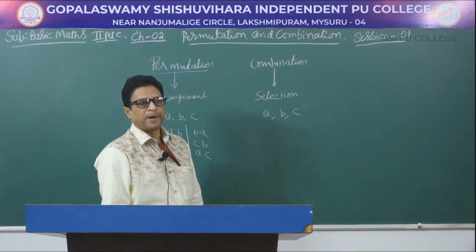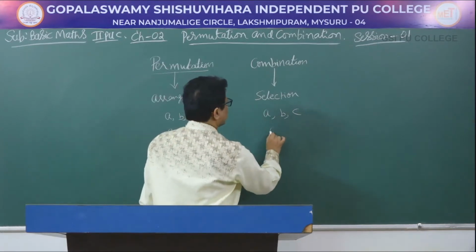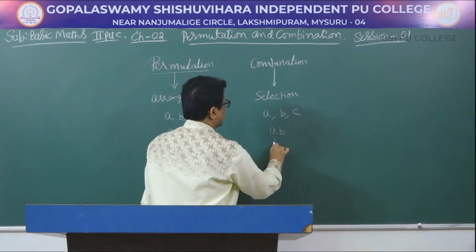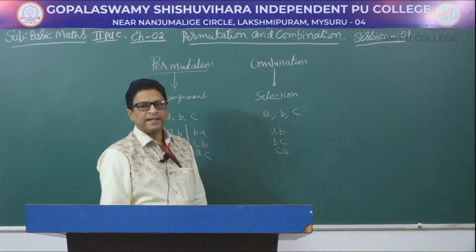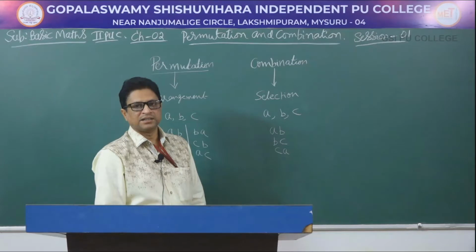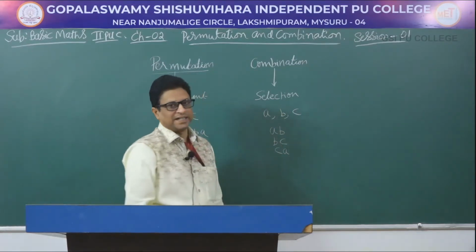What are the possible ways of selection? So, it is AB, BC, CA. That means only three possibilities are there to select two letters from three letters.